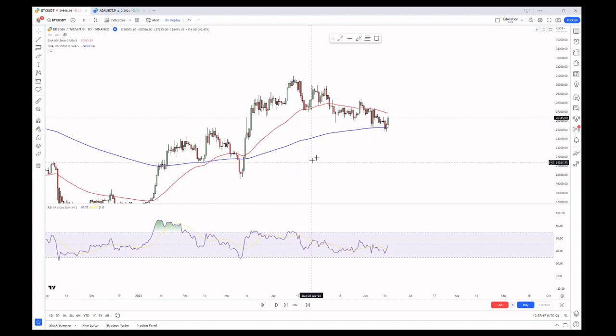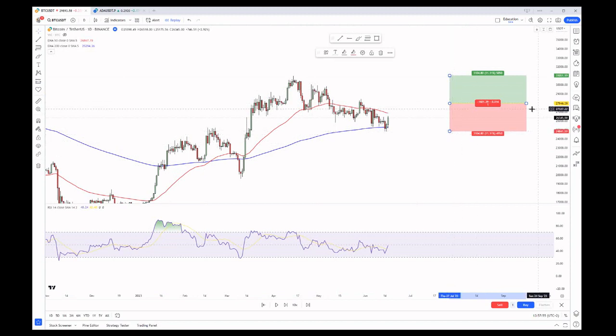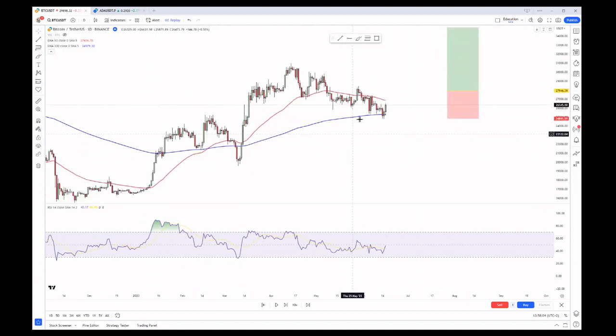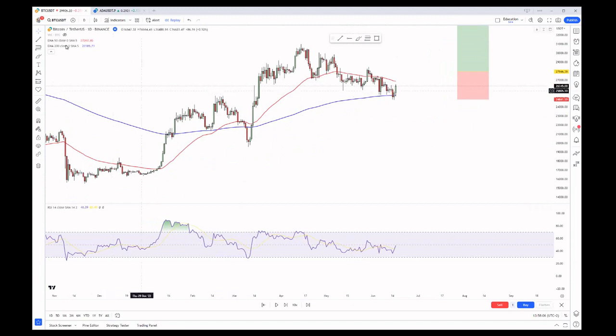What you usually see, I will keep it clean and simple, is either a long position or a short position on the chart, and it will look something like this.